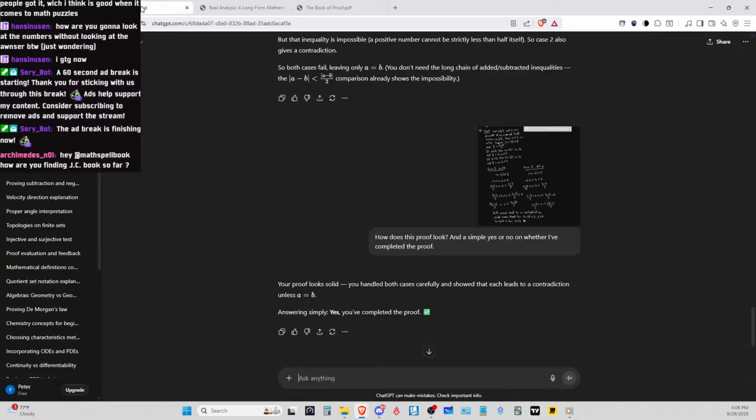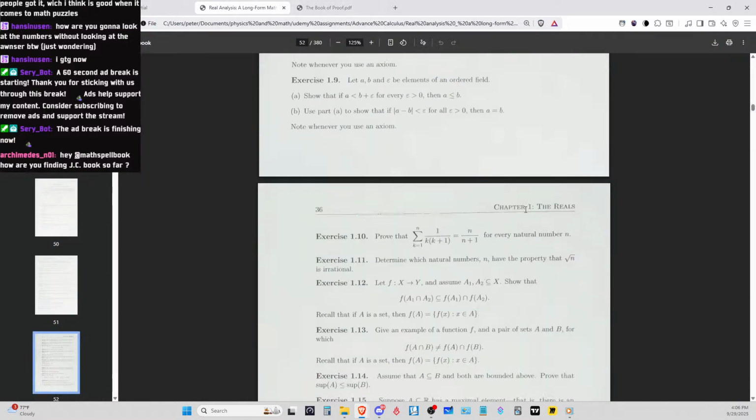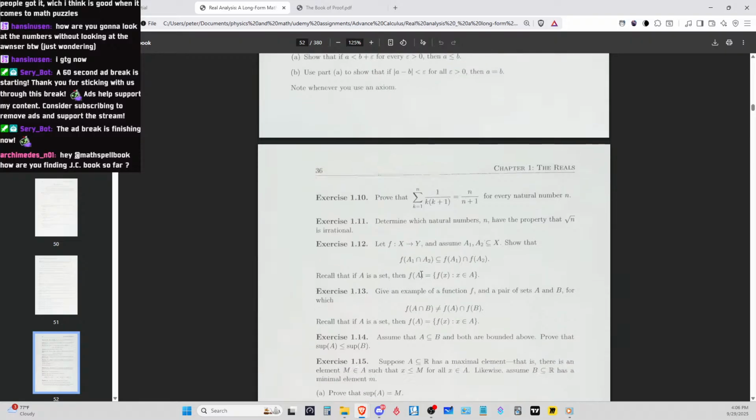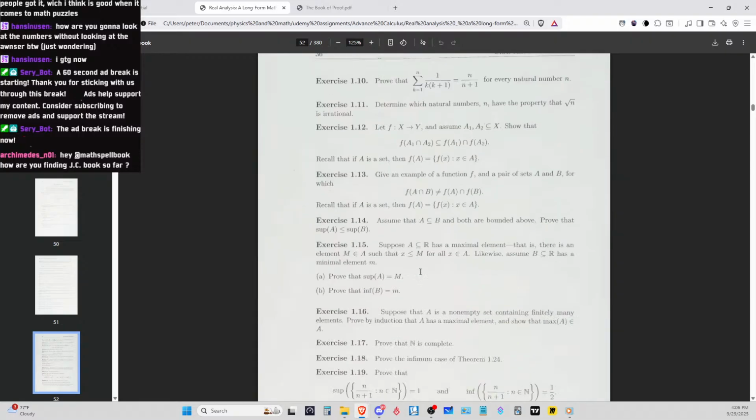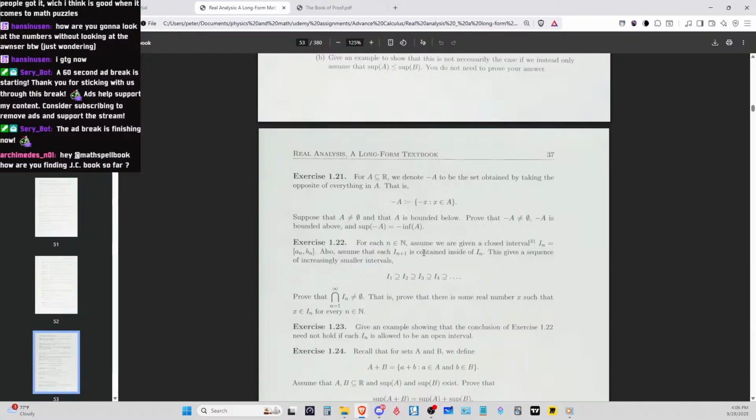For next time, I think tomorrow, we're going to be working on 1.10, which is this one. And then we're going to do 1.14, which is this one. And then we're going to do 1.20. And Sasha said, if we want to get extra practice, a fun activity, we can do 1.22.